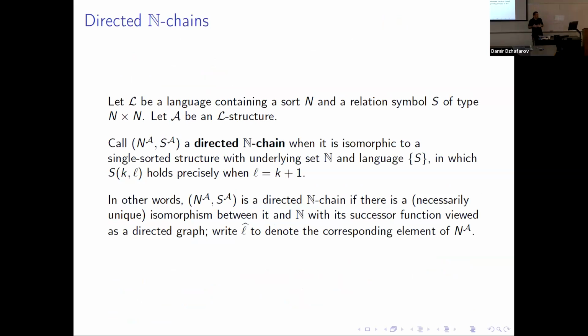So we define a directed omega-chain to be exactly what we think it is. It's a sort with a relation where the sort and the relation are isomorphic to the natural numbers with successor. Before I continue, I'll briefly say why we want this. As everyone knows, or hopefully everyone in this room knows, the pi 0, 2 sets are exactly the limits of computable sets, the pi 0, 3 sets are limits of sigma 0, 2 sets, and so on all the way up.